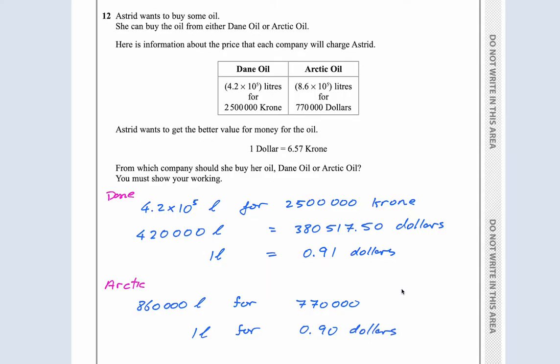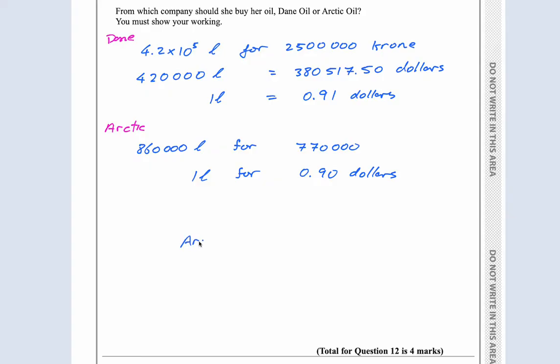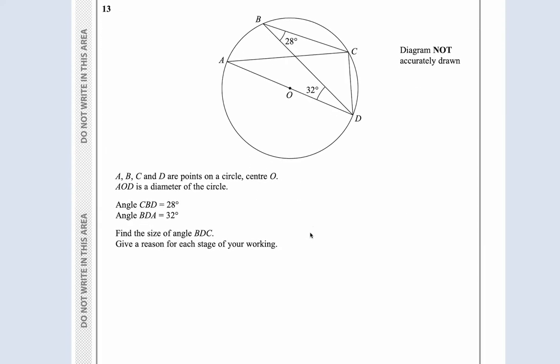So who's cheaper? He's 91 cent for 1 liter. He's 90 cent for 1 liter. So he's cheaper. Arctic is cheaper. Okay, that's it. Question 13.